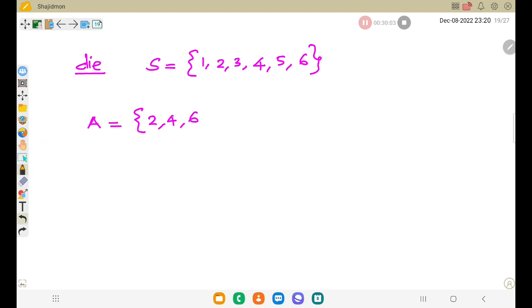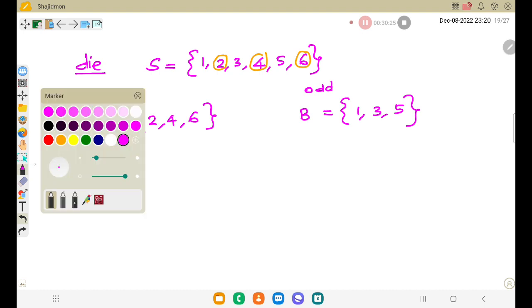From here only select the even numbers 2, 4 and 6. This is event A. And B means getting an odd number. What are the odd numbers? The remaining numbers 1, 3 and 5. So this is the even option and this is the odd option.